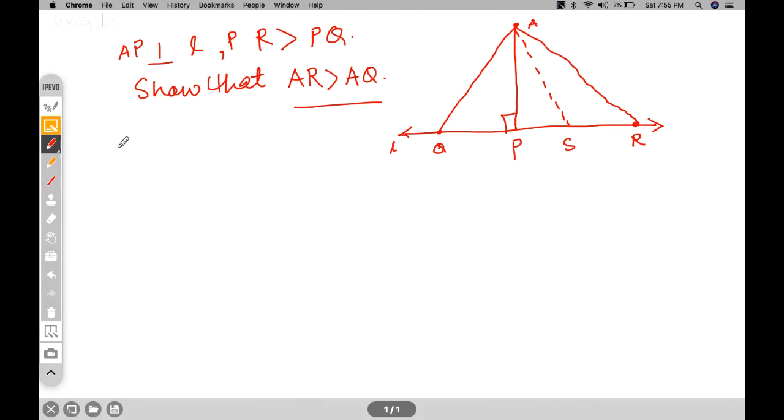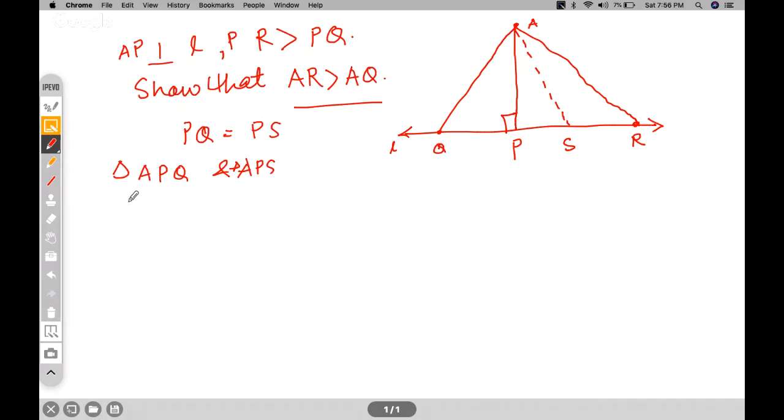Should I solve this question? Okay, let me solve. This construction has been done in such a way that PQ is equal to PS. So let me take triangle APQ and triangle APS.